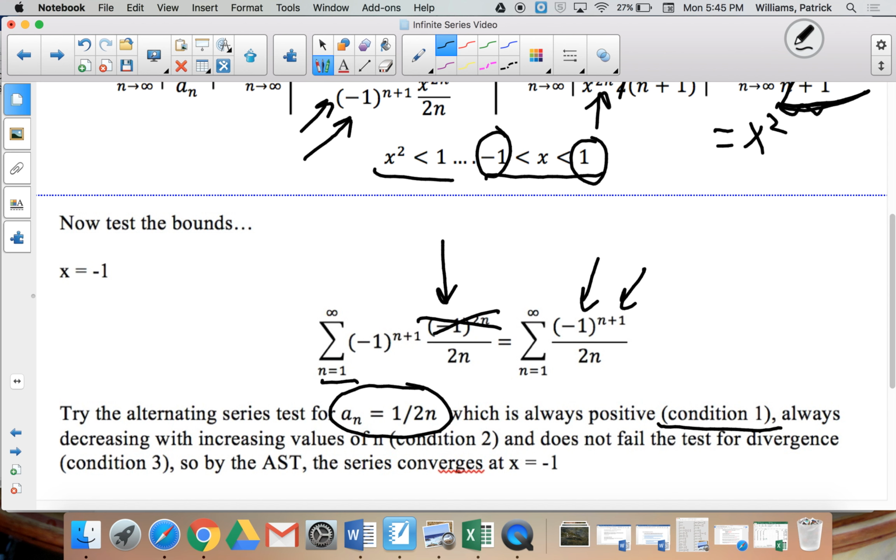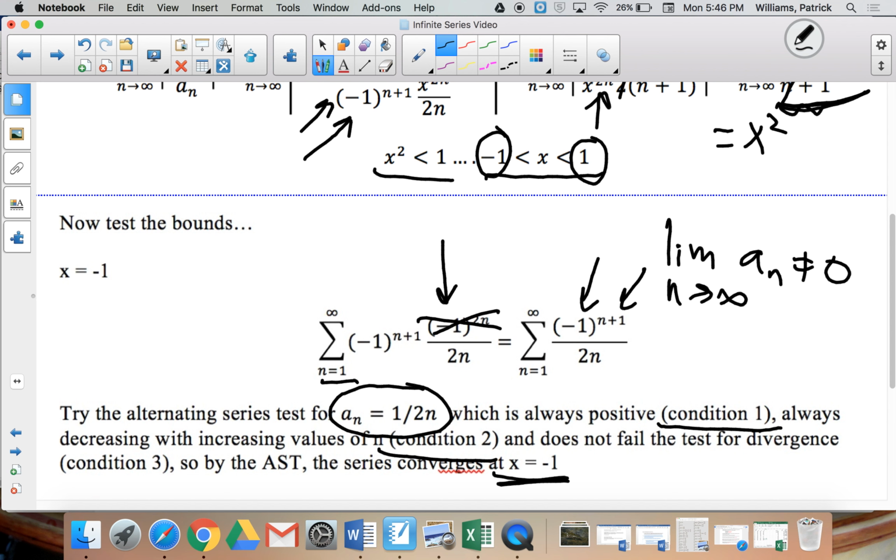It's always decreasing with increasing values of n, so it meets condition number 2. And it doesn't fail the test for divergence, meaning that the limit as n goes to infinity of a of n is not equal to 0. Because it met all 3 criteria, by the alternating series test, this converges at x equals -1.